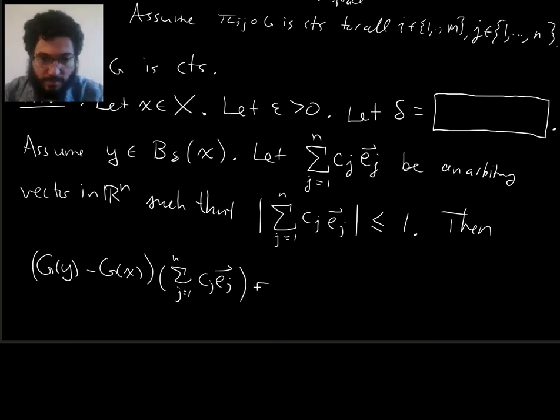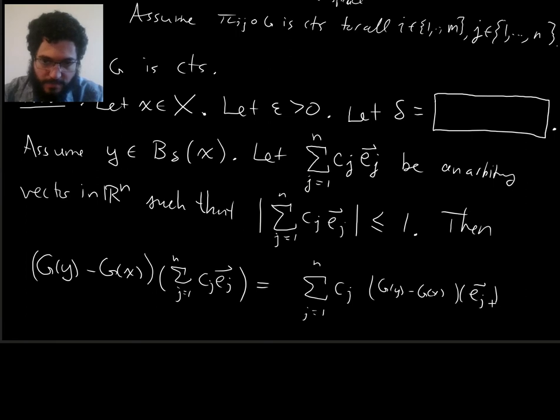Well, it's a linear map, so I get sum over j cj, and then this evaluated at ej. And hopefully you can see why I would do this now. This is going to be the jth column of the matrix representation of this linear map in the standard basis.